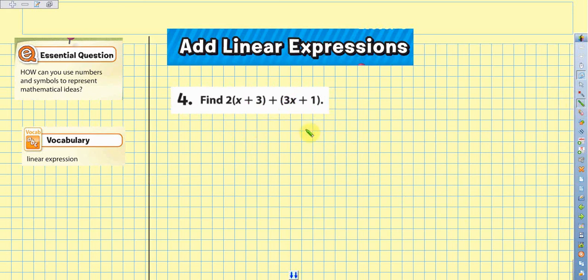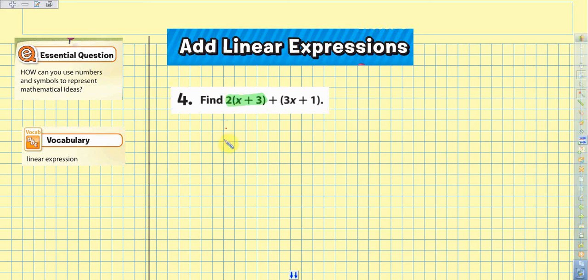See, so the problems continually get a little bit different as we go through. This has a distributive property in it. So the first thing you're going to want to do is to distribute the 2. So when you're looking at this, you want to distribute that 2. Well, how are we going to distribute that 2? We are going to take the 2 and we are going to multiply it.